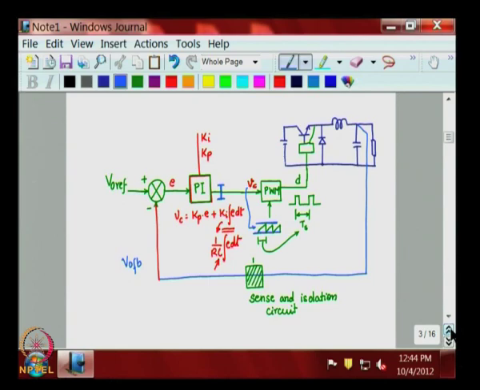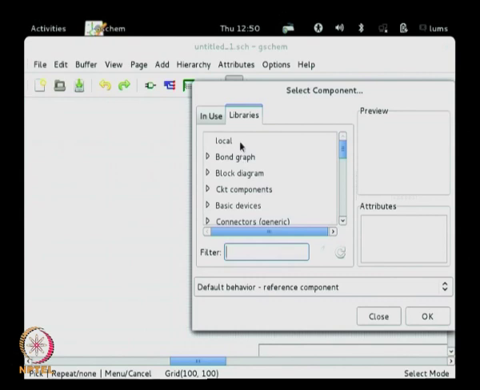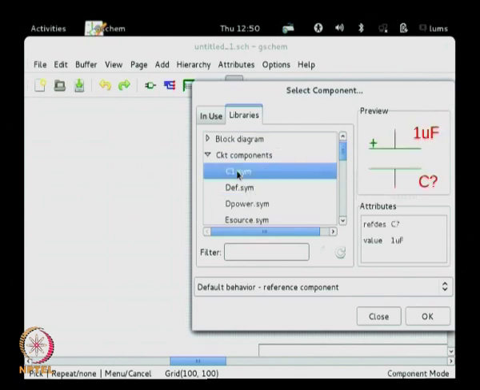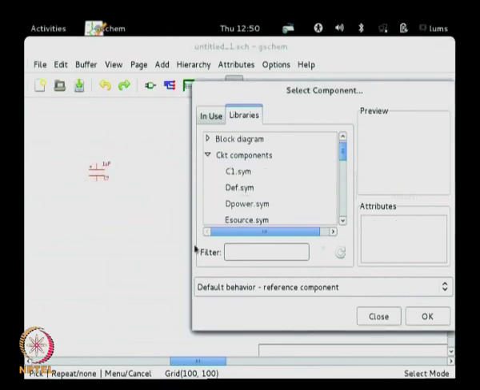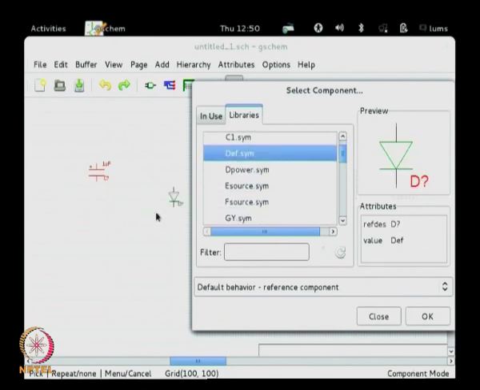So, let us take the buck converter itself for working this example. So, now let me switch over to a platform computer. I have opened GEDA. This is the schematic editor of GEDA. Okay. And let us draw the circuit. I will use the circuit components and draw. I will probably use capacitance. I will need to use a diode.